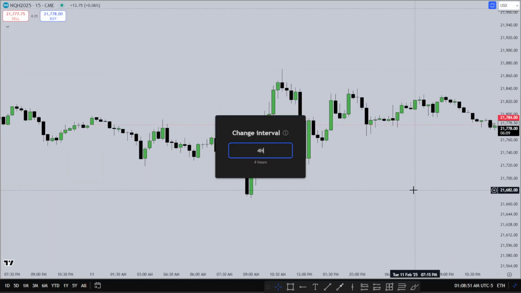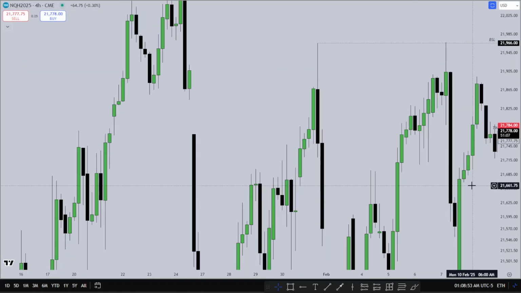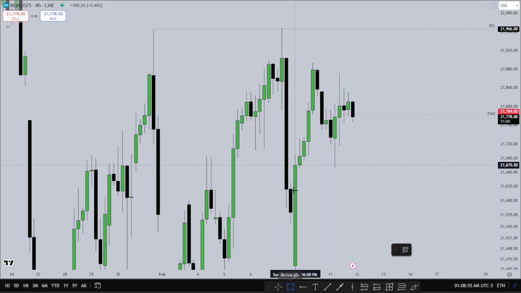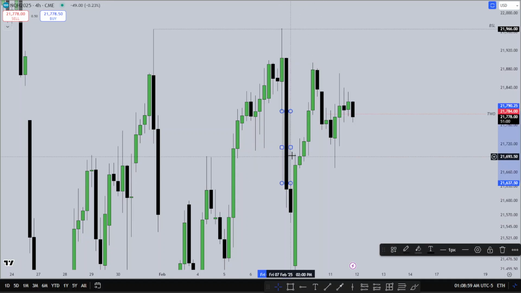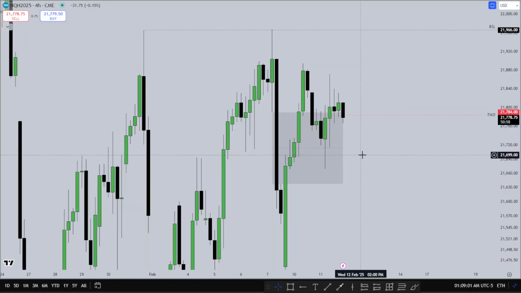I was looking at the 4 inverse, because we go from external liquidity to internal range liquidity. So I was looking for internal range liquidity or external range liquidity in the form of this high.